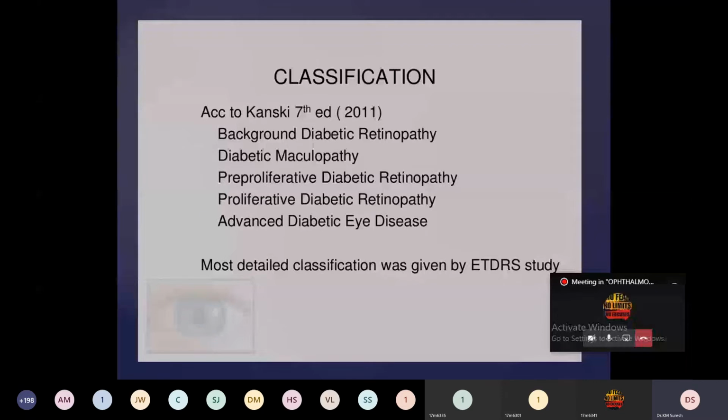That is the demarcation between the two. Advanced diabetic disease is associated with vision-threatening complications like vitreous hemorrhage, neovascular glaucoma, tractional detachment, etc., which we are going to study in the next few slides.